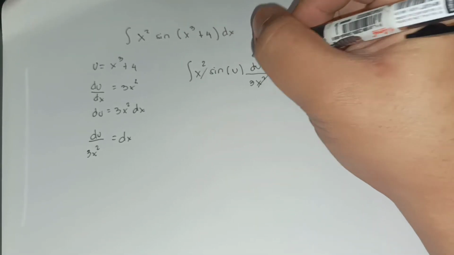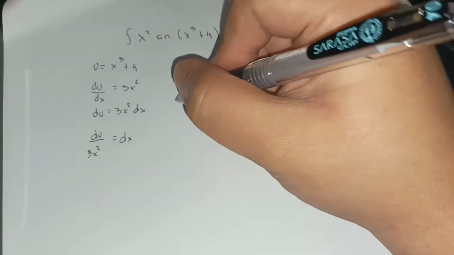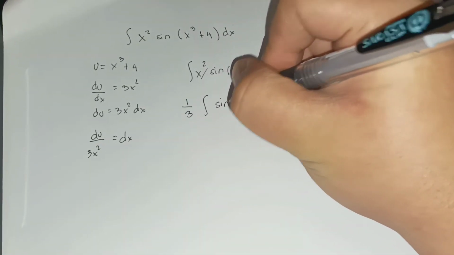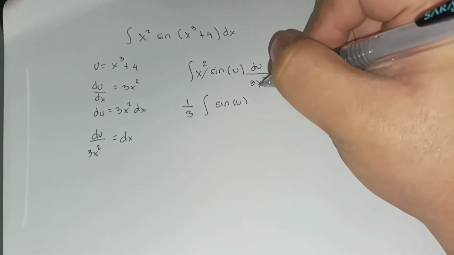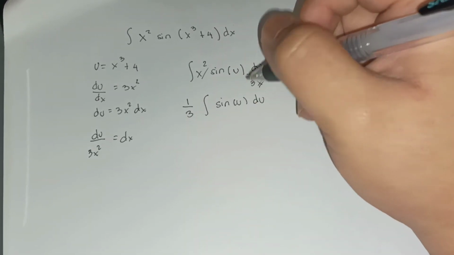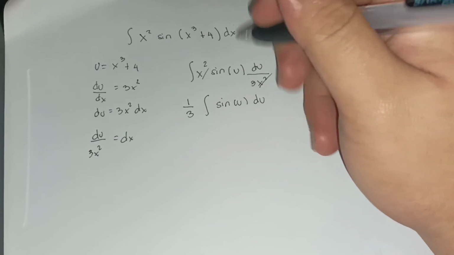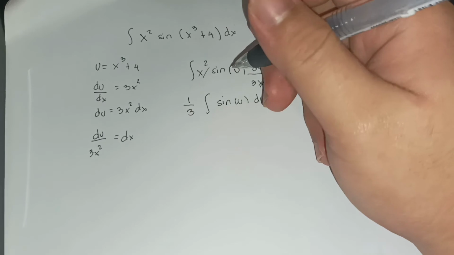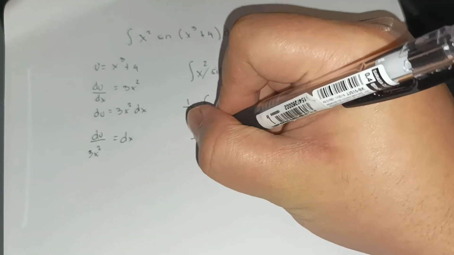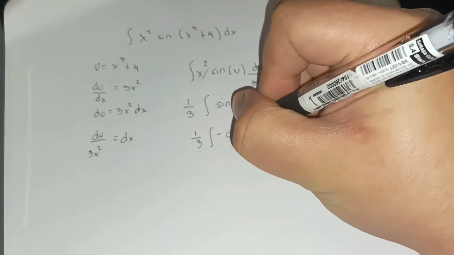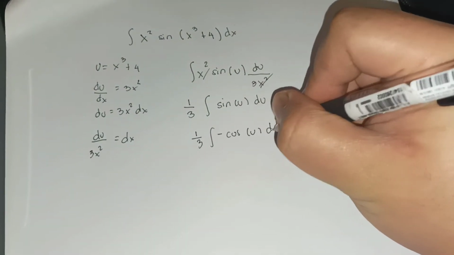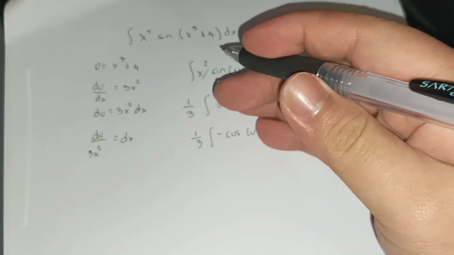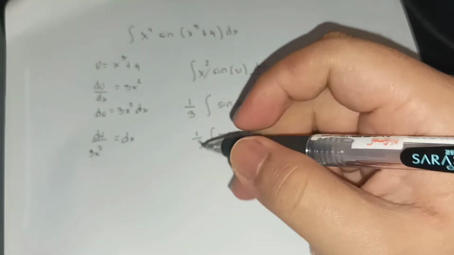It's also understood that the numerator here is 1, so it's going to be 1/3. Just copy sine u and du. But let's not forget to find the antiderivative of sine, which is negative cosine. 1/3 negative cosine u plus c, and we will multiply these two.